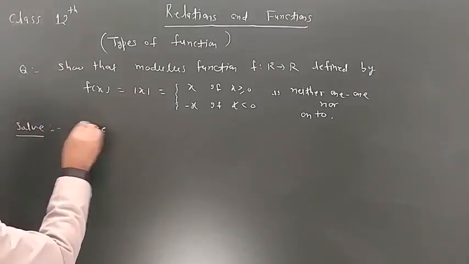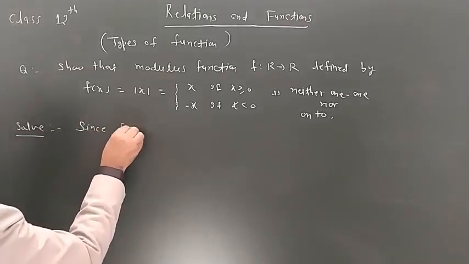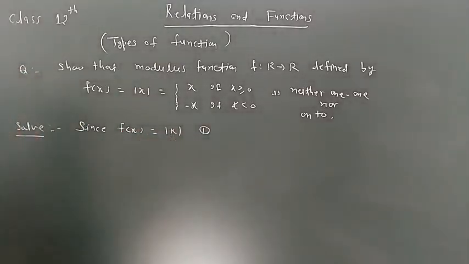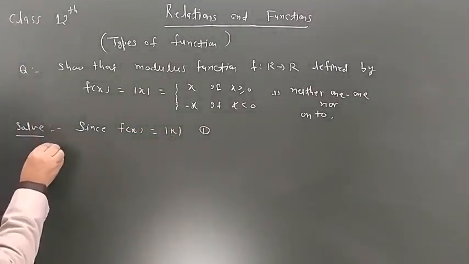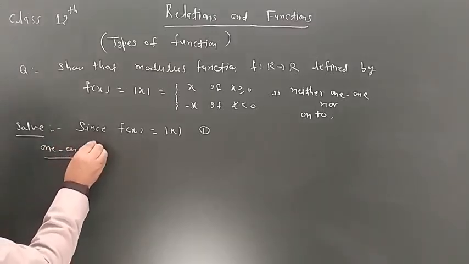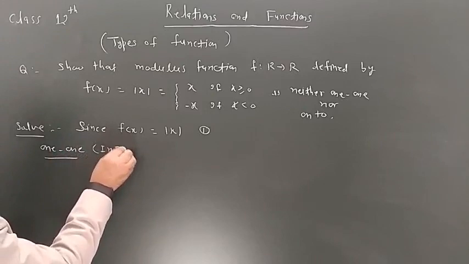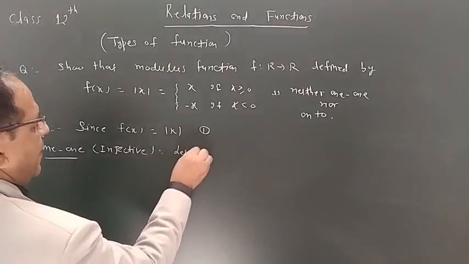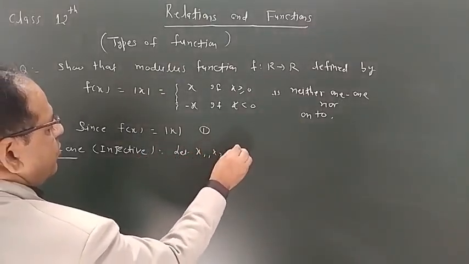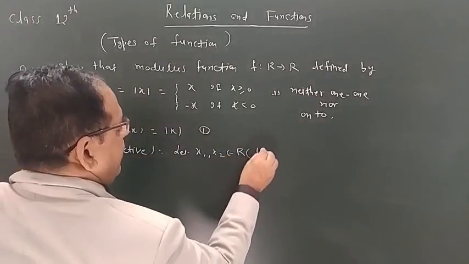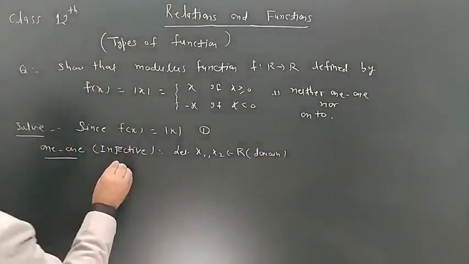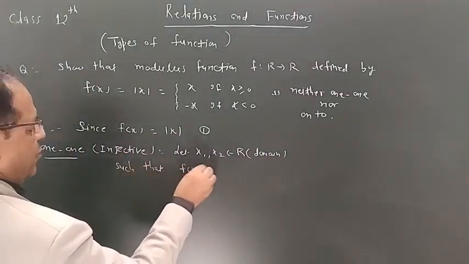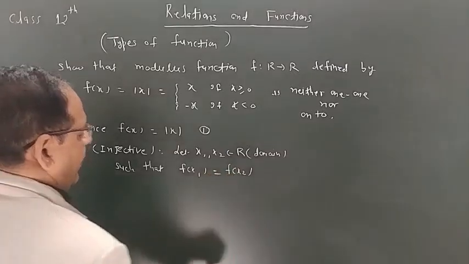Since f(x) equals mod x, we start with one-one, that means injective. So first we check the injectivity of the function. Let x1, x2 belong to R, the domain, such that f(x1) equals f(x2).